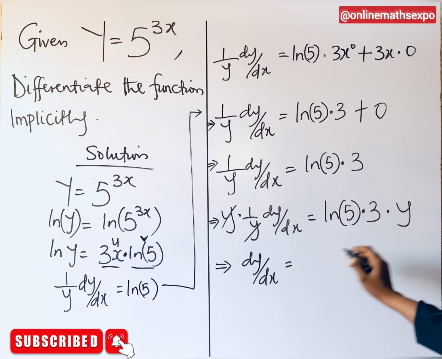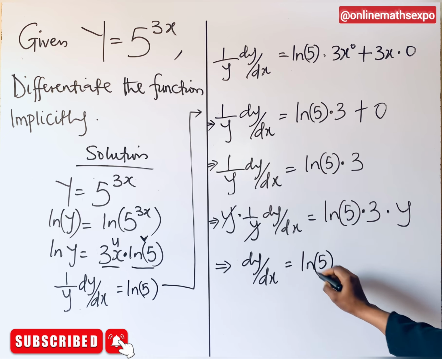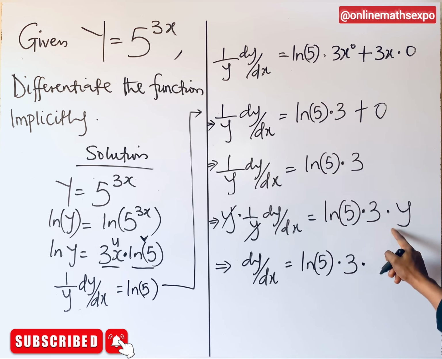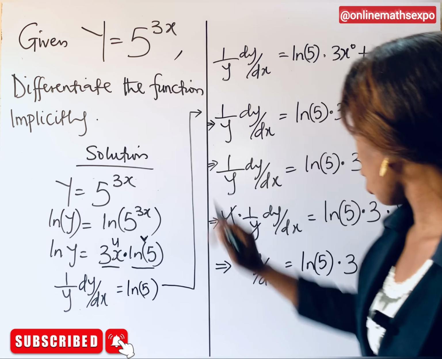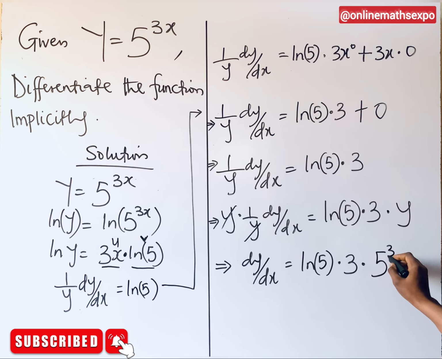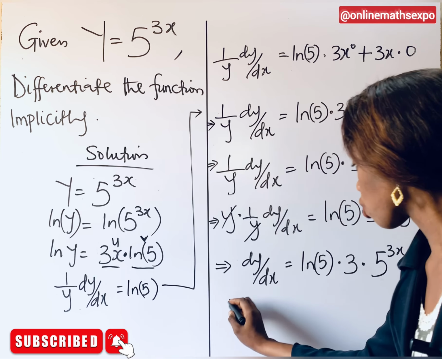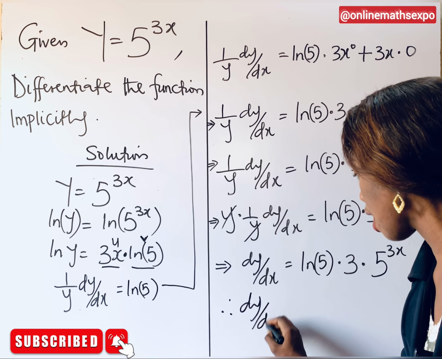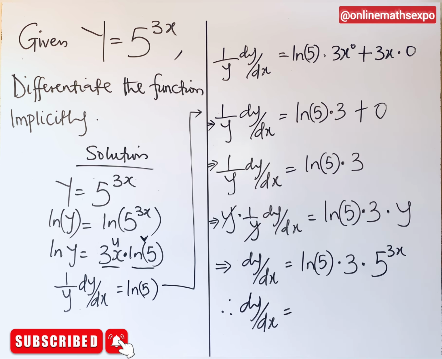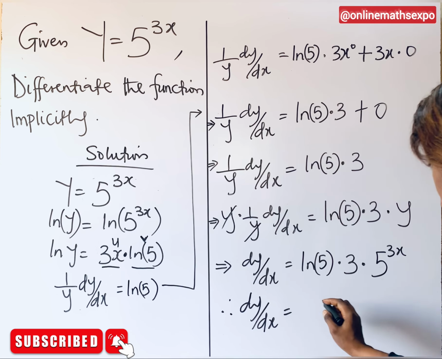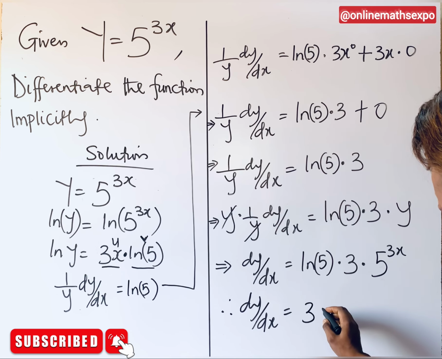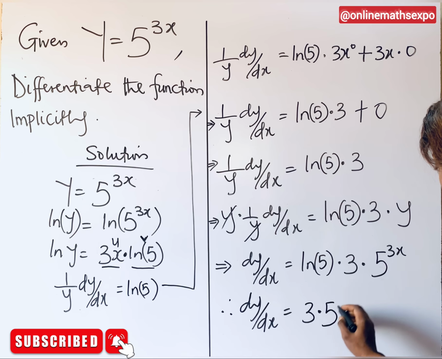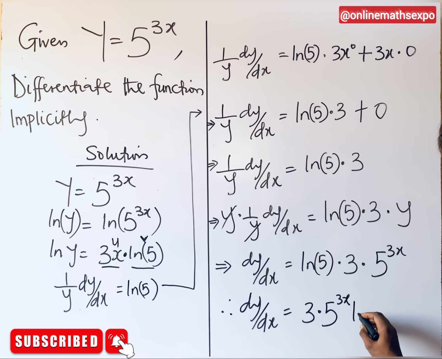So when you now have this, you have ln 5 multiplying 3, which is multiplying, what is your y? Your y from the question is 5 to the power of 3x. So return it. So in this case, you are going to conclude that your dy dx is equal to, you can now bring this together to give us 3 multiplying 5 to the power of 3x ln 5. And this becomes your answer.